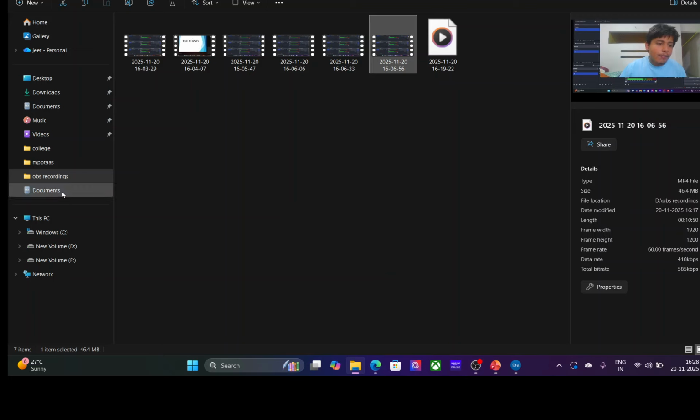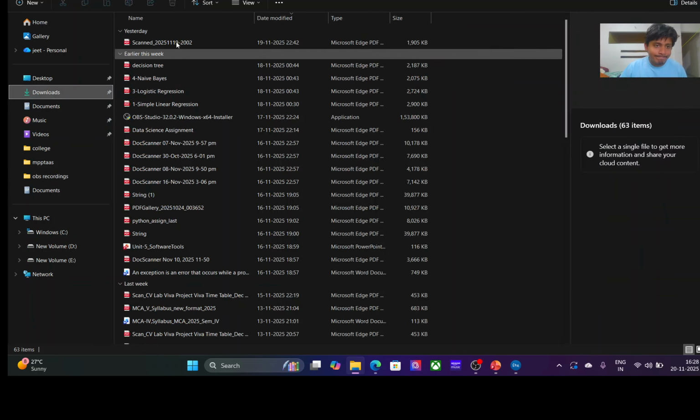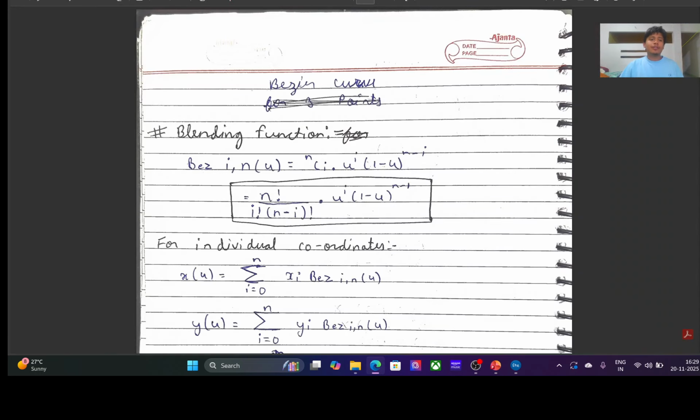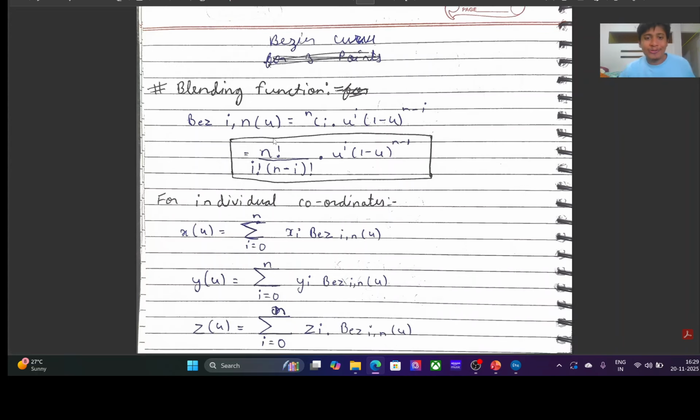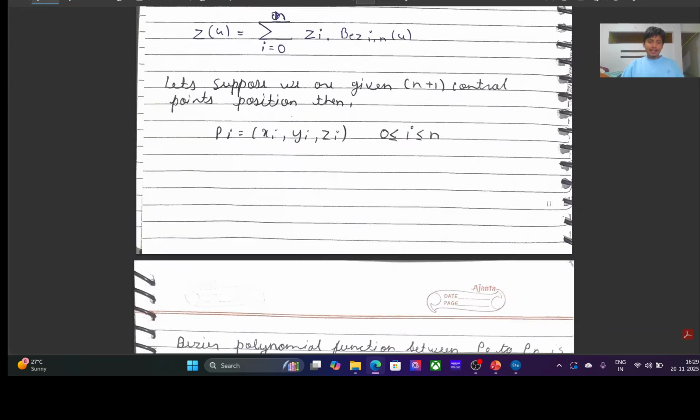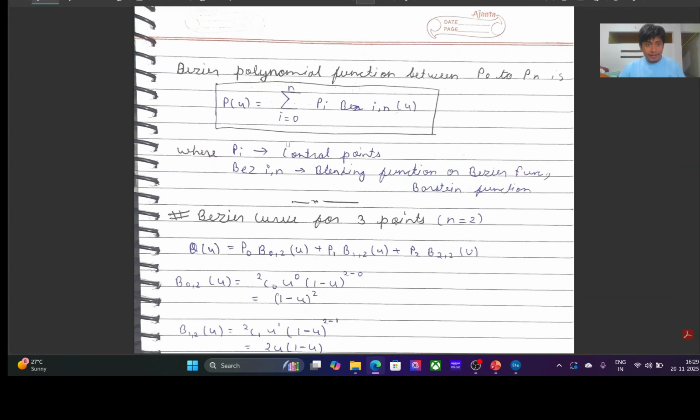We have to go to the document here. Sorry, I forgot to open that one. So here is the Bezier curve. First we go for the direct Bezier polynomial function with P0 to Pn.